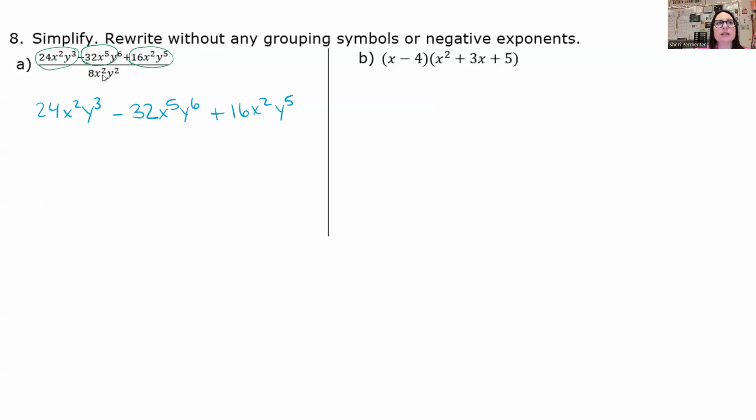And all I do now is split the denominator. I'm going to split it up and put it over each one. So I'm going to say divided by, divided by, divided by. It's all the same denominator. I'm just splitting the fraction.